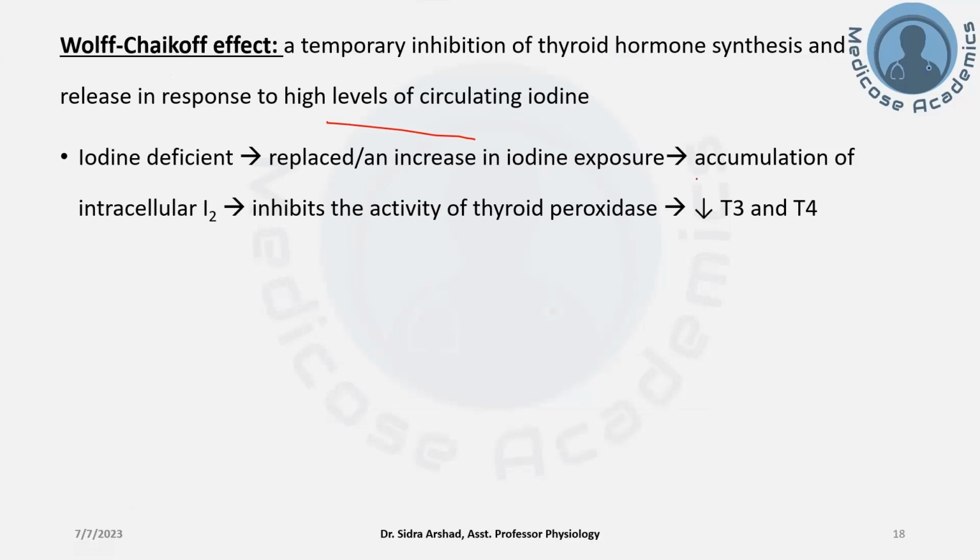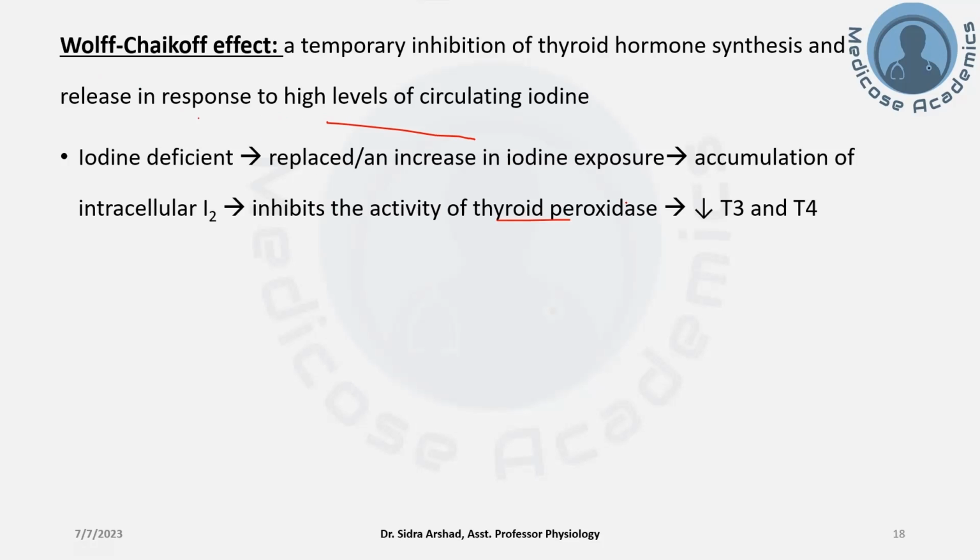When these iodide levels increase and accumulate inside the follicular cell, it inhibits the activity of thyroid peroxidase. So you have provided iodine to an iodine deficient individual, but instead of increased biosynthesis of thyroid hormones, it is actually decreased. This is known as the Wolff-Chaikoff effect.